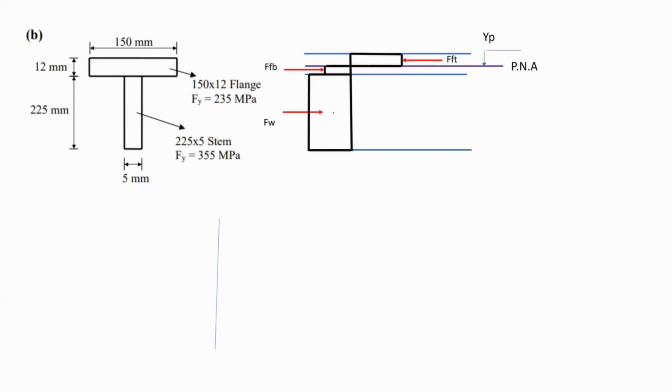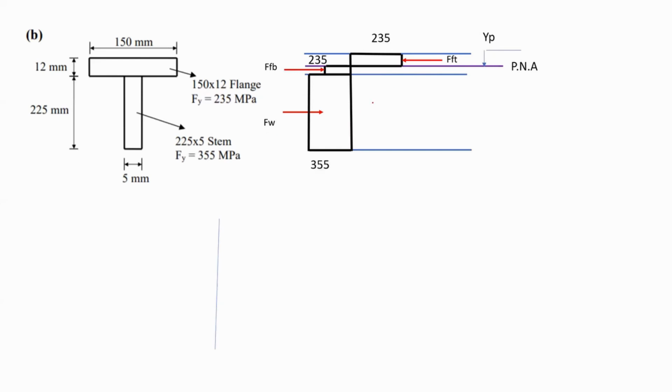Now, put the forces on the stress diagram that you have. So I have now force in the top part of the flange and force in the bottom part of the flange. As you can see, it is below the plastic neutral axis. And also I have the force in the web. So I have now three forces.